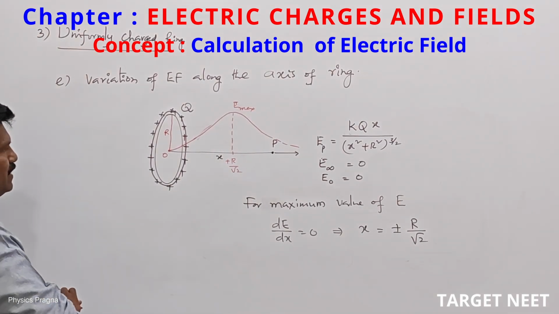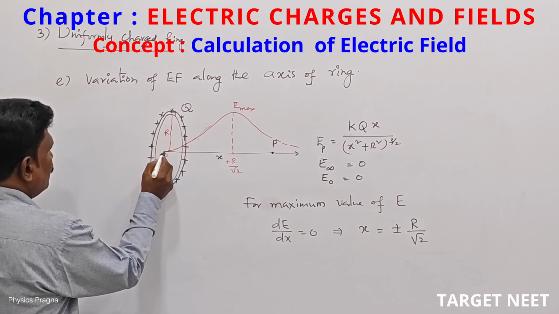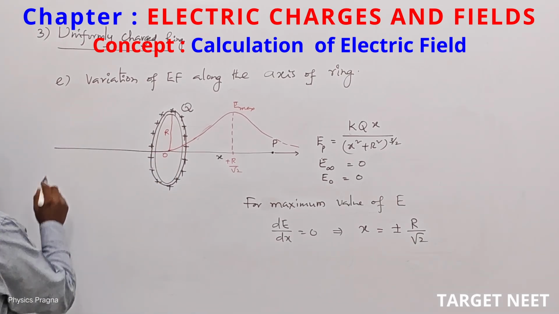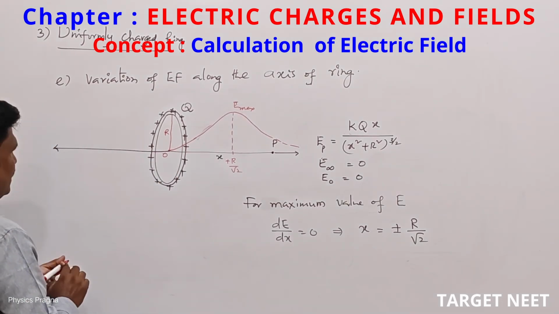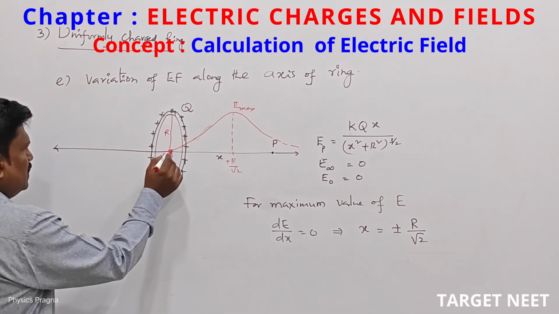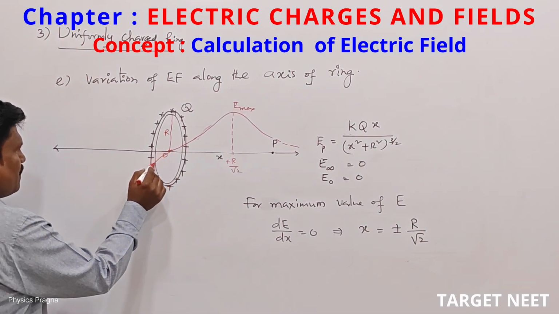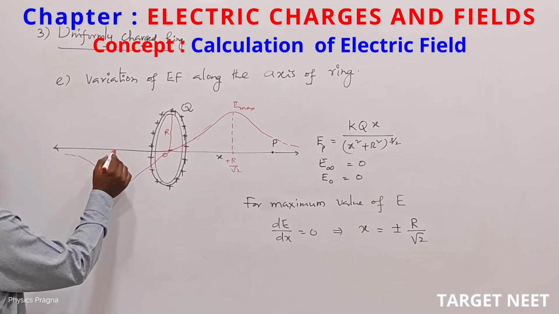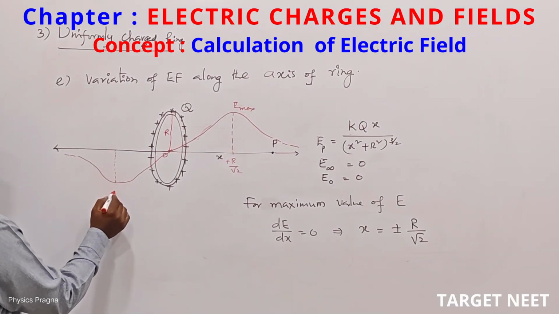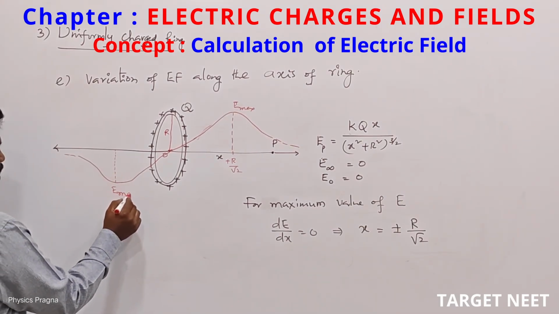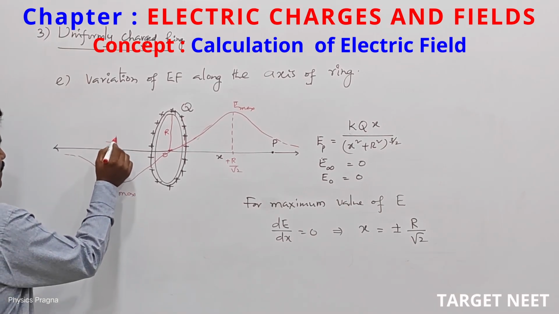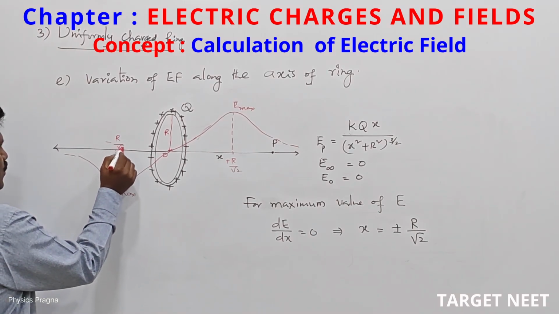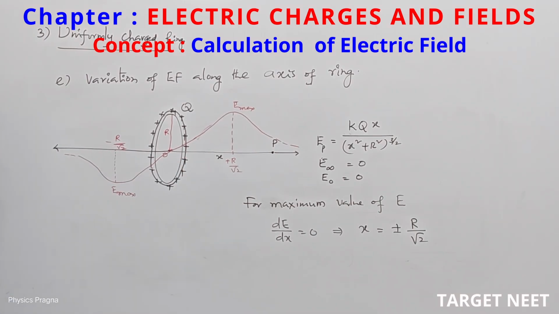Here this is the positive x-axis. If you go backwards, on the negative x-axis, here also this will become maximum and then it decreases. This value is at minus r by root 2. So at these 2 points E becomes maximum.